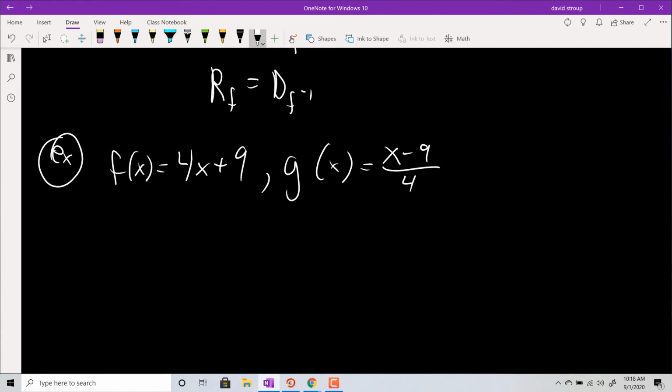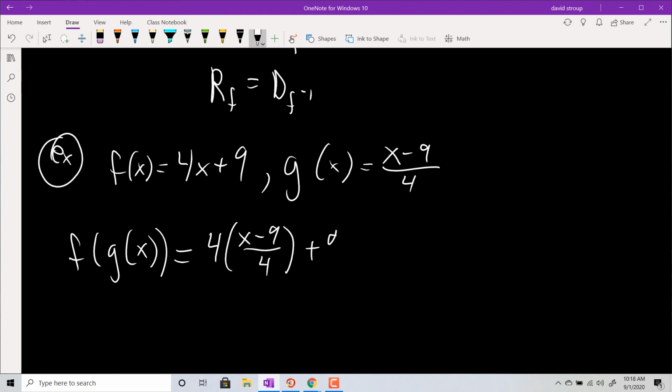I want to look at f of g of x. I'm plugging g of x into f of x, so that would be 4 times (x minus 9) over 4, plus 9. The 4's cancel, and you get x minus 9 plus 9, which of course is x.